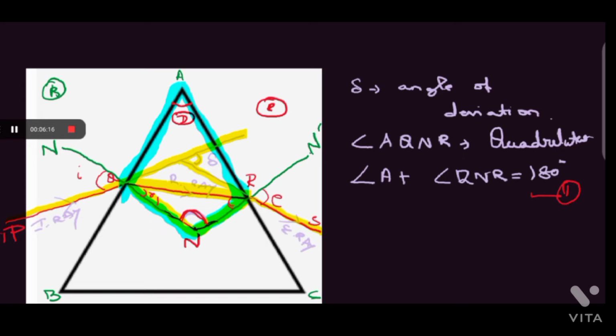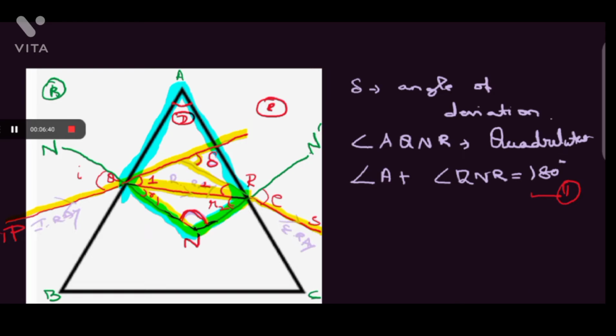So I am just naming it R2. Actually this R2 is nothing but angle of incidence 2, but I am naming it R2 to make it more comfortable. So R1, R2, E. Then you mark this angle as 1 and this angle as 2. And of course you know that this is your angle of deviation delta.